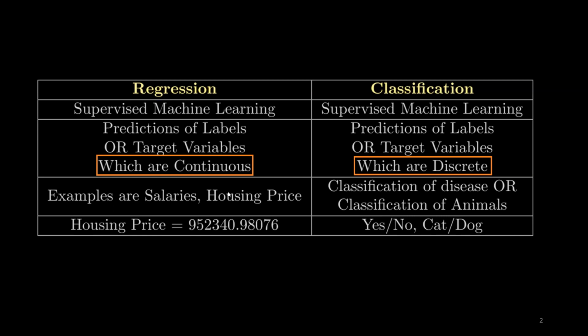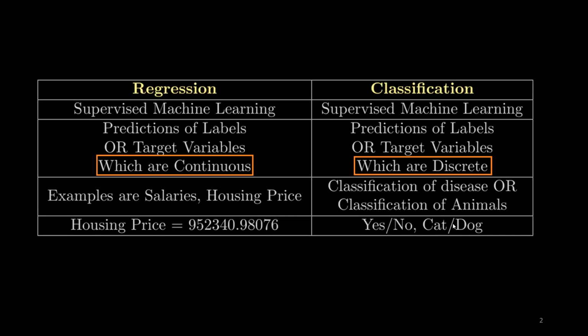This is an example of a continuous target variable, and we can see that after the decimal, this value continues. So if we have to predict values like this, we need regression. On the other hand, the categories or target variables in classification are discrete, like yes or no, that is, whether the patient has a disease or not, or whether the animal is a cat or a dog.